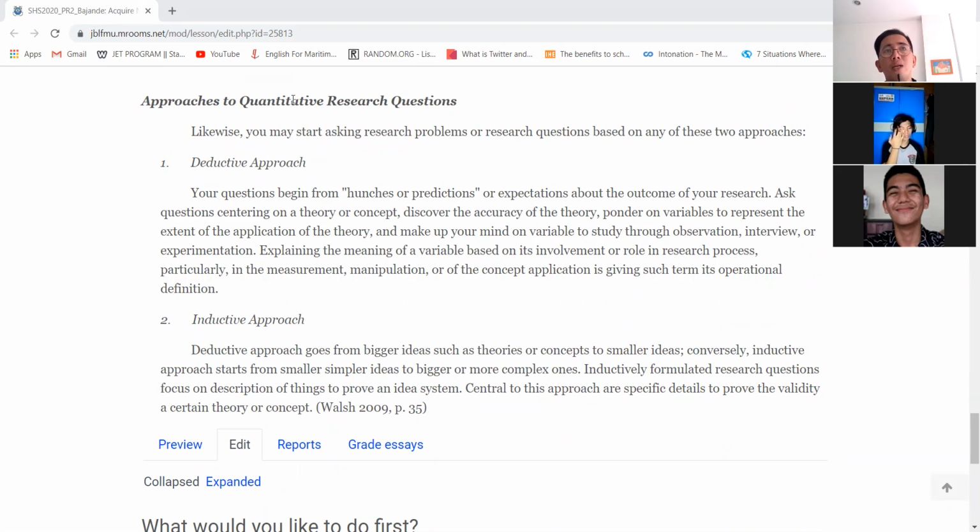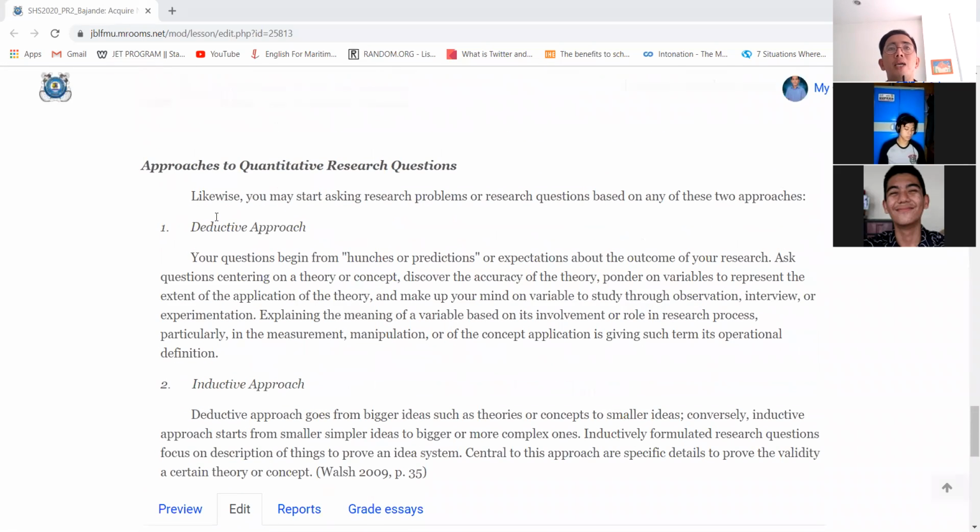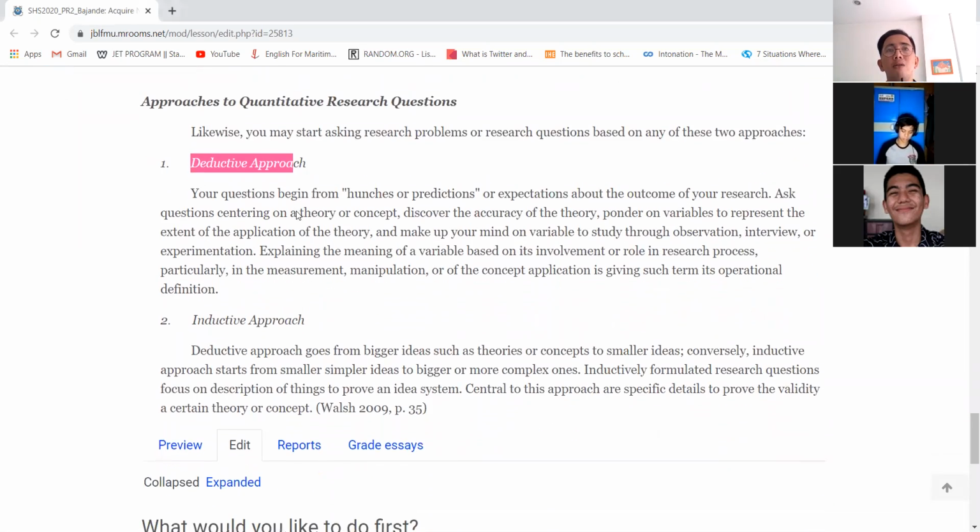Approaches to quantitative research questions. Likewise, you may start asking research problems or research questions based on any of these two approaches. So may mga duwa kitang approaches in formulating or in making our research problems. First is the deductive approach. Anong deductive approach, class? Kumbaga, it's from general to specific.